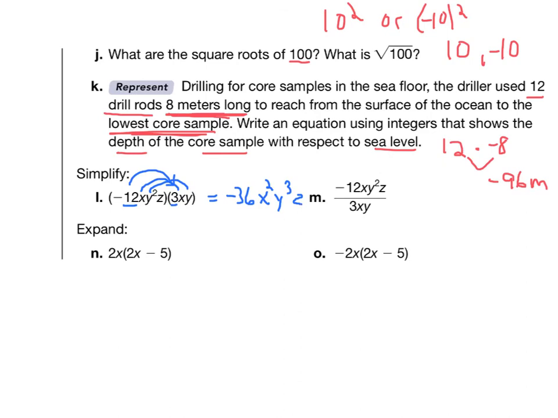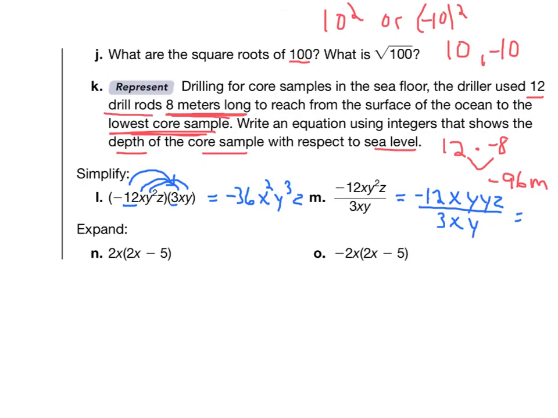On m, we're dividing. So I do a negative 12 divided by a positive 3. That gives me a negative, oh, you know what? Let me expand this first. I forgot. So negative 12 x, y squared means y times y, and then 3x and y.